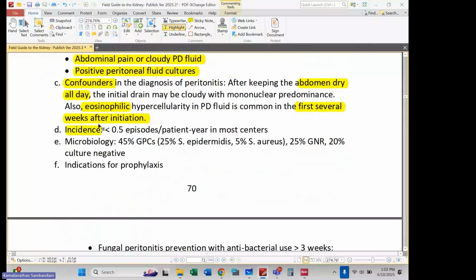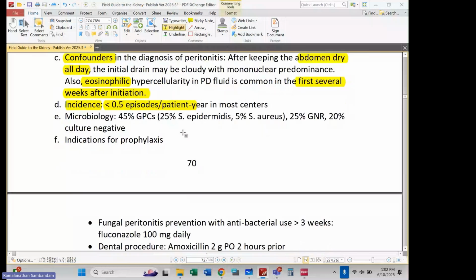Okay, the incidence is roughly once every other year or so. Peritonitis once every other year in a patient would be fairly typical for a patient population. The micro is typically these skin commensals, right?